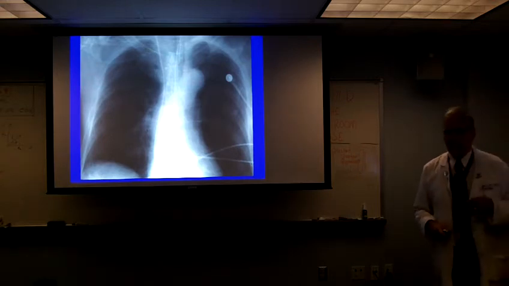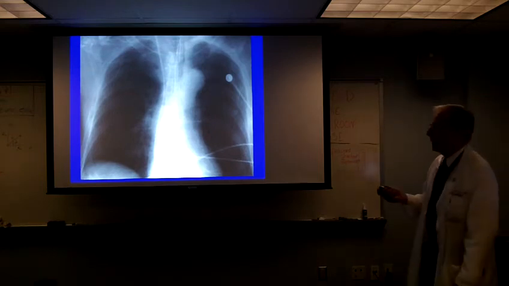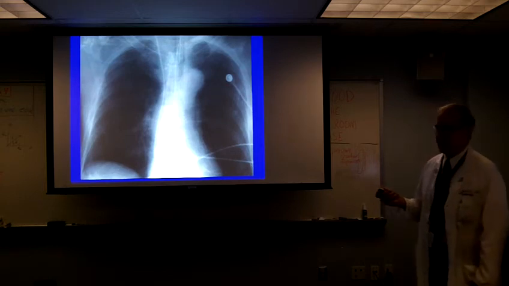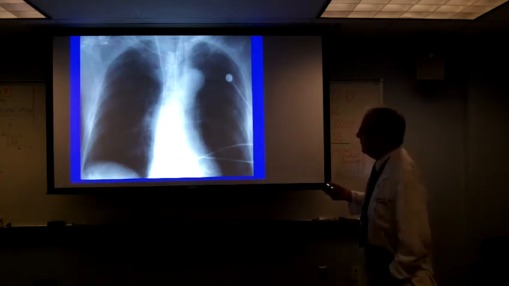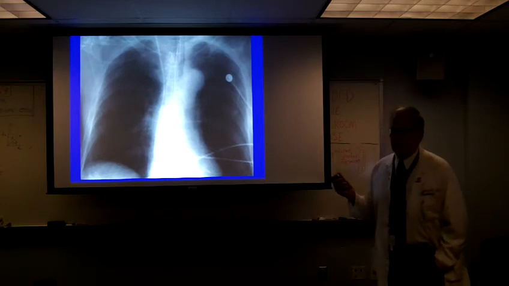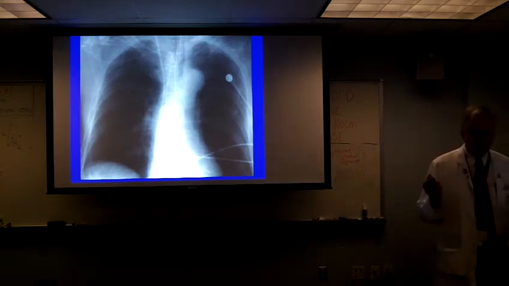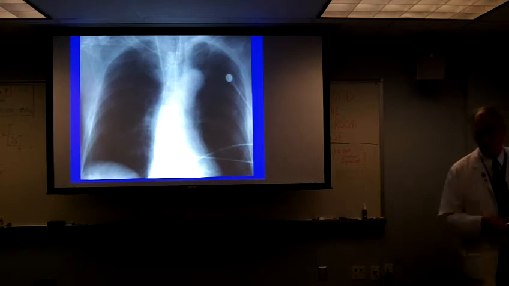And for the residents who are reading these films, you have to know the vascular anatomy well enough so that you can tell the resident where this is likely to be if it's not in the appropriate spot. In this particular case, that catheter had gone through the subclavian vein, through the subclavian artery, and the tip was in the right common carotid artery. And they had to take the patient to the OR and put him on bypass to repair that.